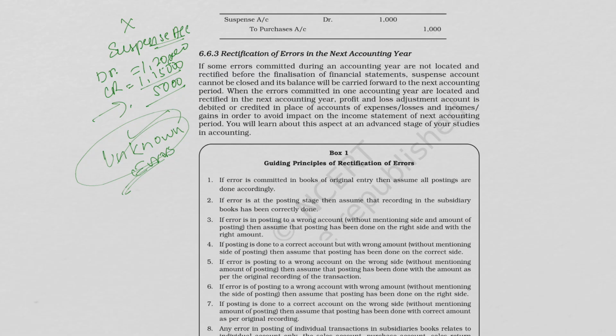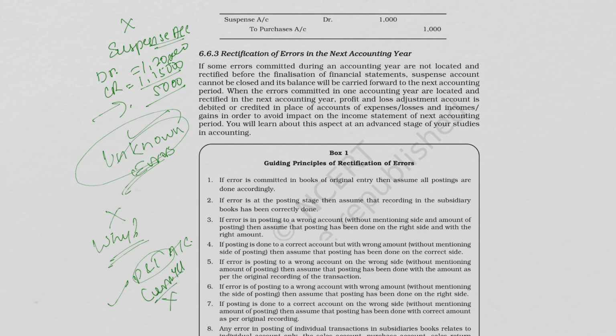Now, suppose the error is discovered in the next accounting year. So in this case, the correction cannot be made directly in the income or expense account of the previous year. Why? Because the previous year's profit and loss account has already been finalized, and if we make corrections in the income or expense account now, it will affect the profit of the current year also, which is incorrect.